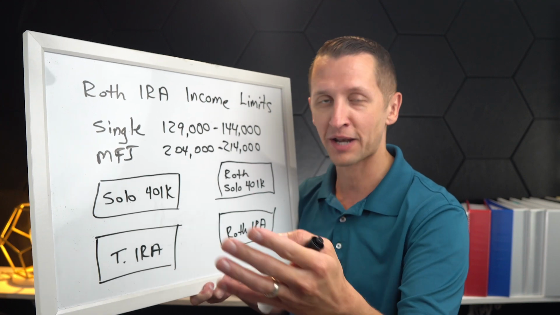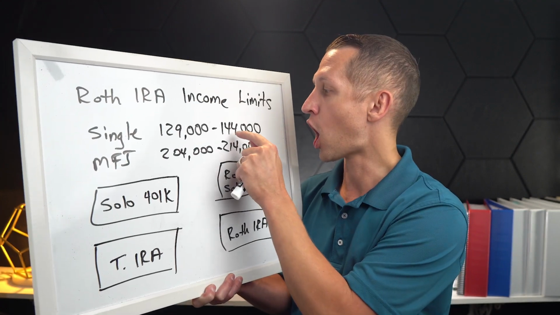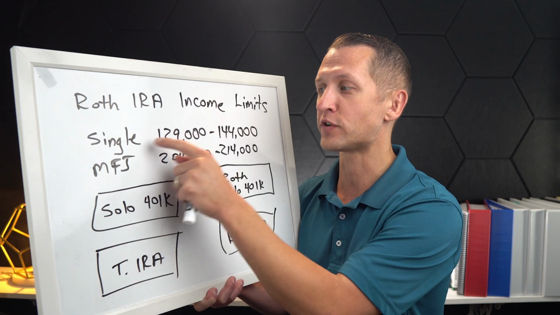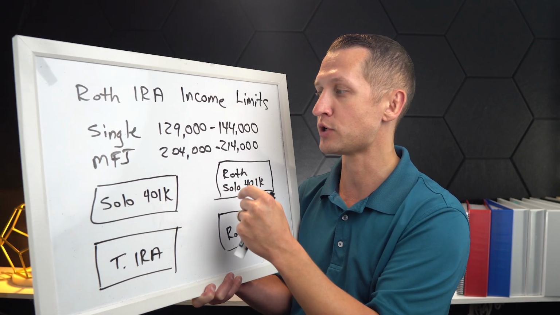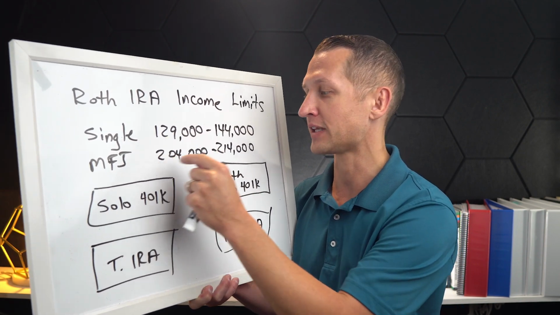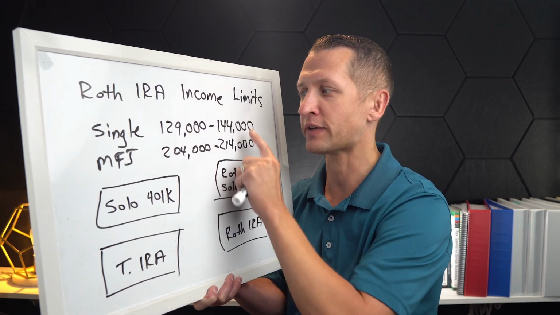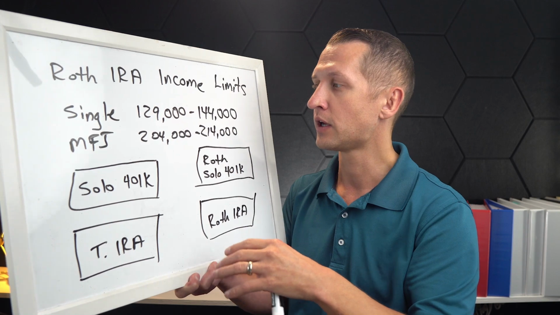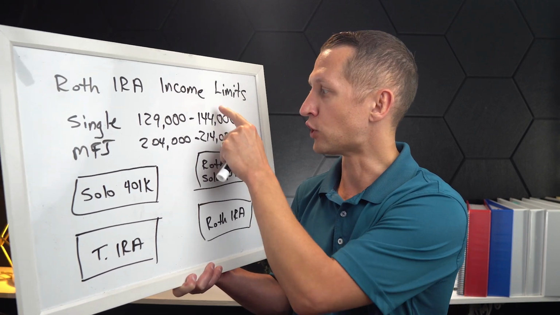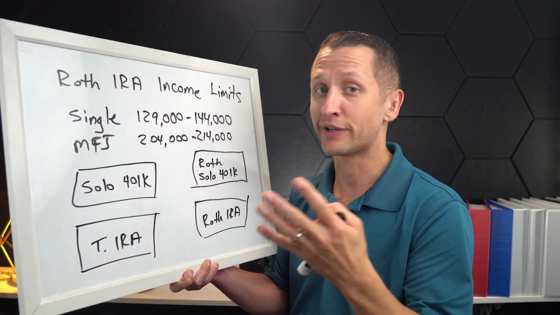But for a lot of people, it's just going to be your adjusted gross income. $144,000 or more for singles, you cannot make a direct contribution to your Roth IRA. Married filing jointly, that number is $214,000. Again, these are the phase outs, and I've gone over phase outs in other videos, so you can check that out. But if you're over these thresholds, you have to do it a different way.